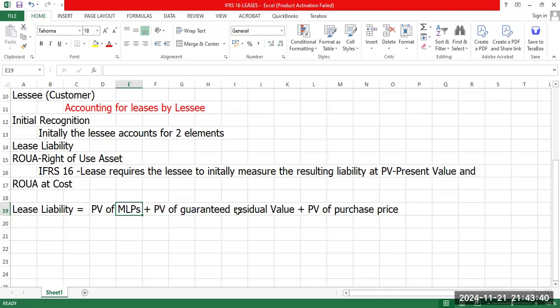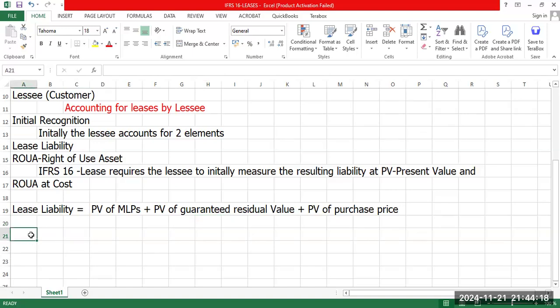Like you find that you entered into an agreement as a lessor with the lessee or the customer, and you are saying that this customer should pay me a certain amount of money at the end of this. That money the customer will pay at the end of this period is what we call guaranteed residual value.